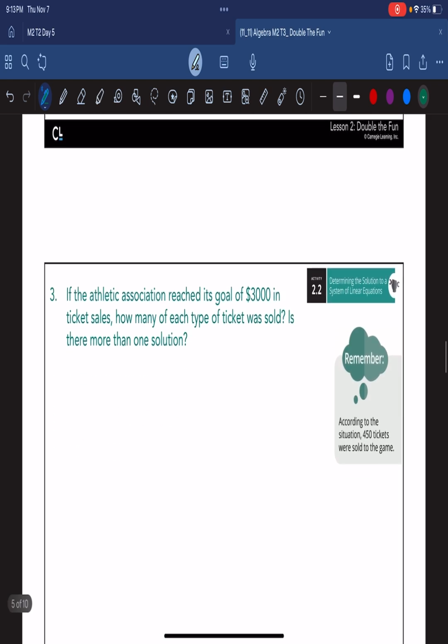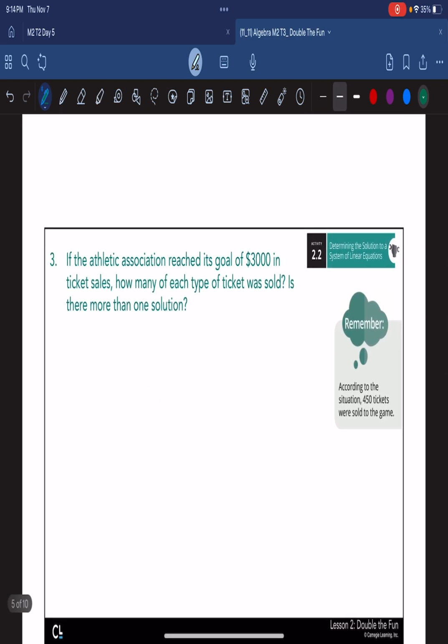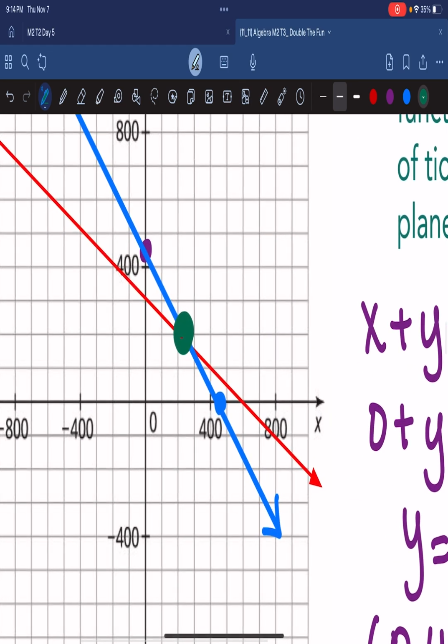So number 3, it says if the athletic association reached its goal of $3,000 in ticket sales, how many of each type of ticket was sold? Is there more than one solution? Well, if we look at our graph, it looks about close to 300 tickets for students and about 200-ish adults.